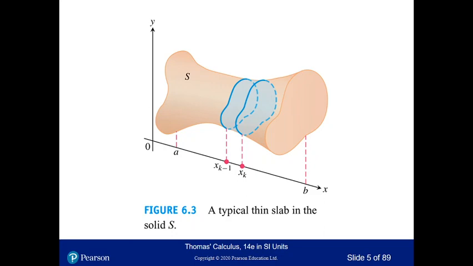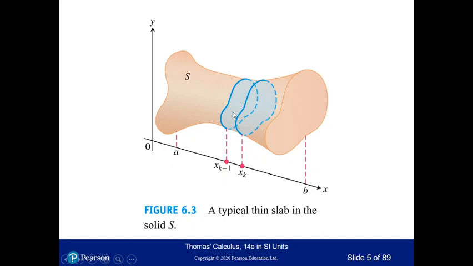So in this picture, x_{k-1} and x_k are two points, and their distance from each other is not far. We have a vertical plane that passes through x_{k-1} and x_k, and we intersect S with them, and we get the slices.